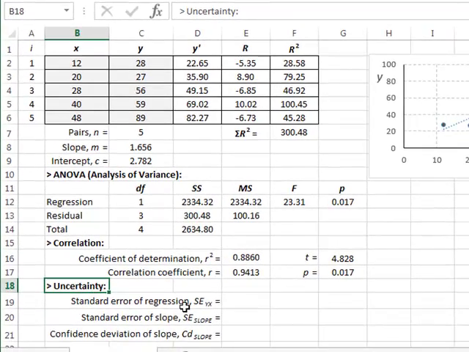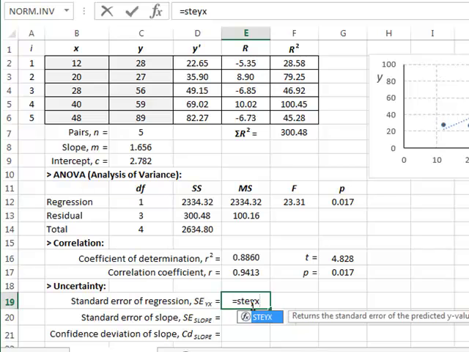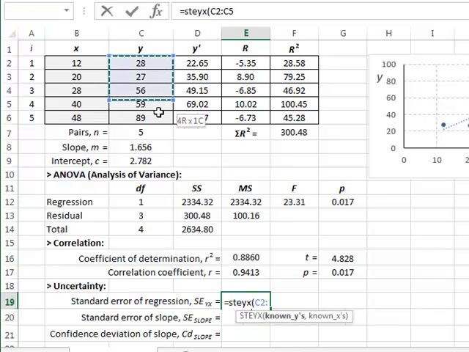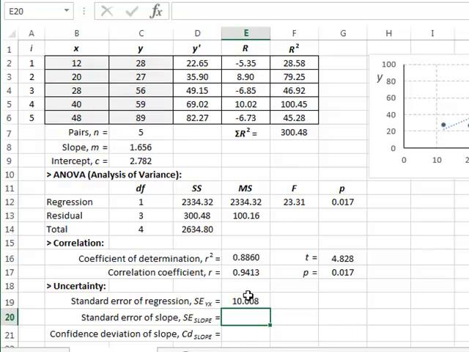Finally, we calculate some uncertainty values. The standard error of regression is calculated most easily using the Excel function STEYX, and entering the known y values and the known x values, and is the best estimate for the standard deviation of individual values around the best fit straight line. We can then calculate the uncertainties in both slope and intercept.